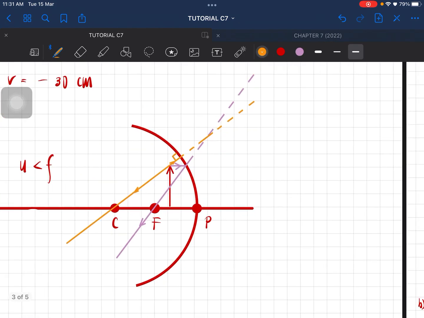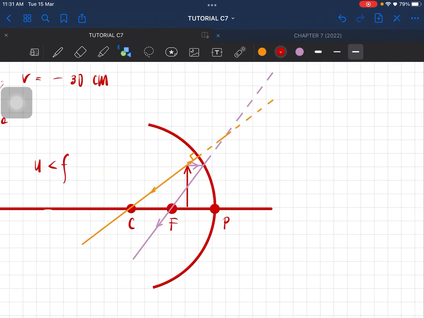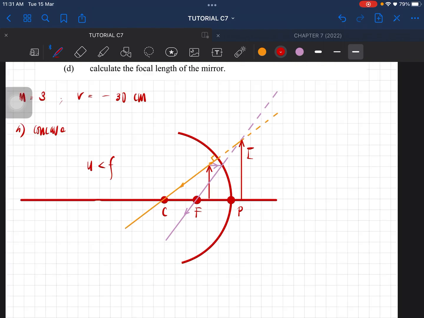That is the point where they intersect, so it gives us the image formed here. That is our image. Just remember you need at least 2 rays to get the answer.